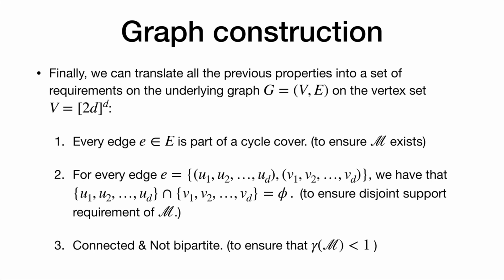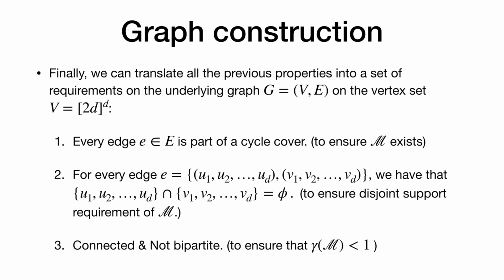So overall, we can translate all the conditions that we need so far into requirements on the graph on 2D to the D. First, we need to show that the symmetric Markov chain exists and that this procedure outputs it. For that, we need every edge to be part of a cycle cover. That is just to show that M exists.